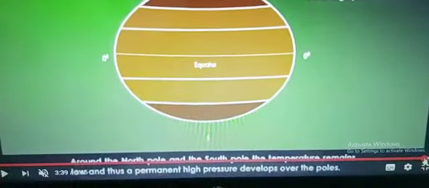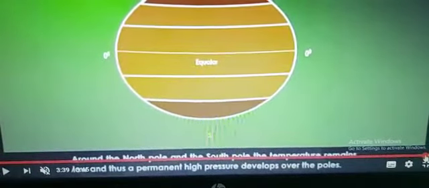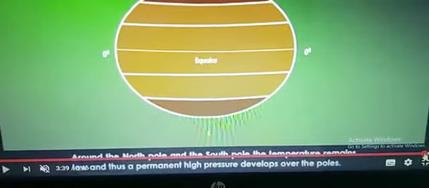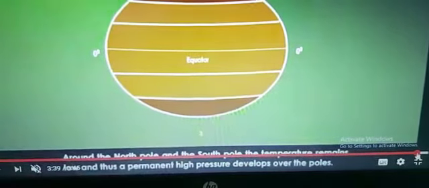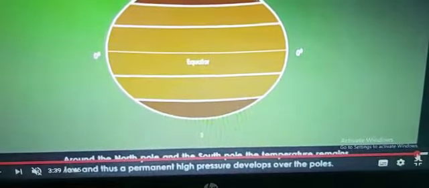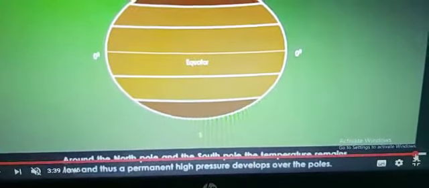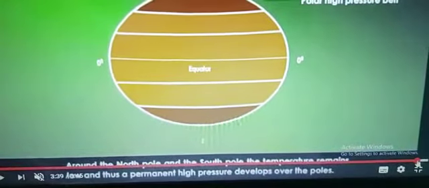Now children, when the sun shines vertically over the equator on 21st March and 23rd September, the pressure belts remain balanced, the same toward both hemispheres.